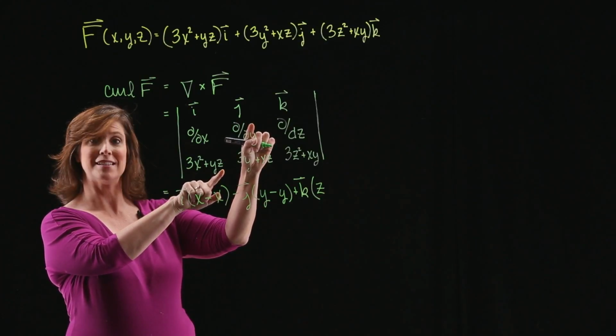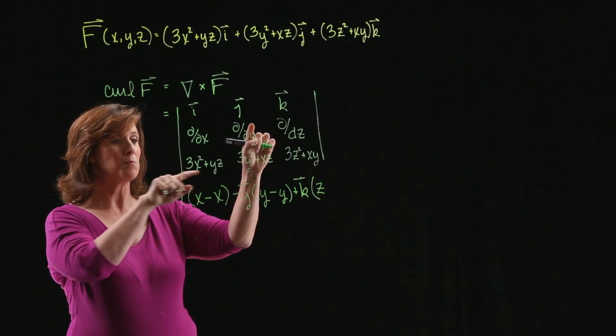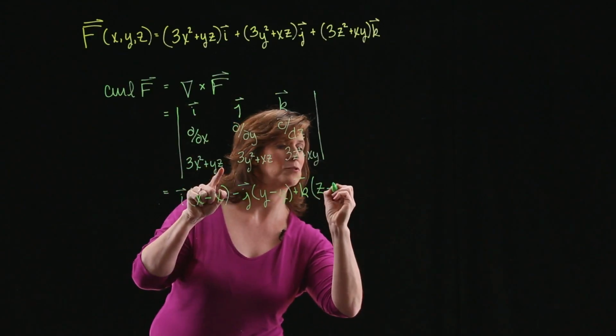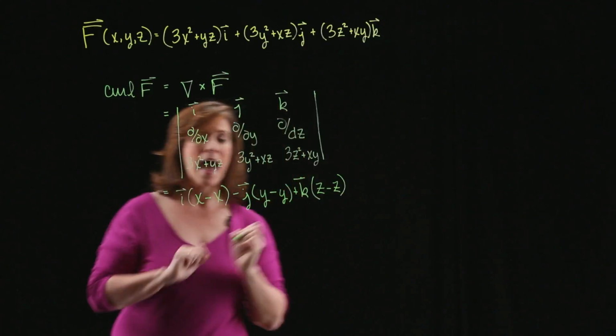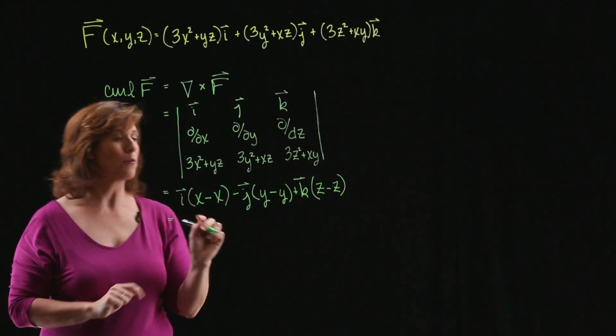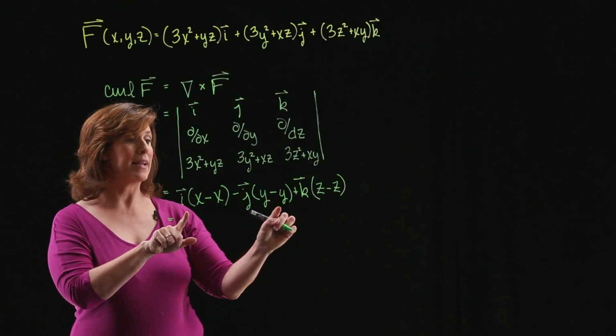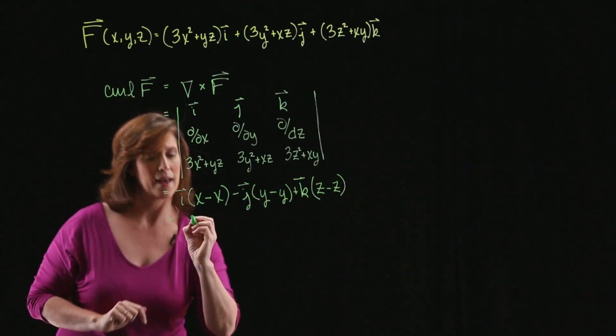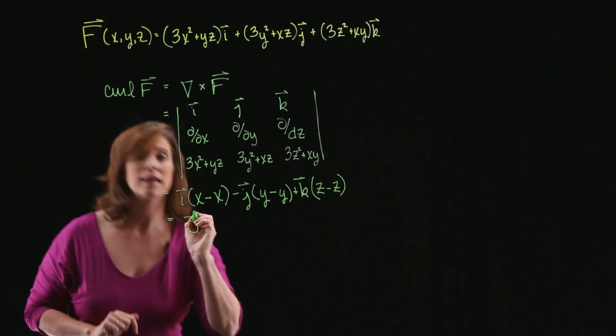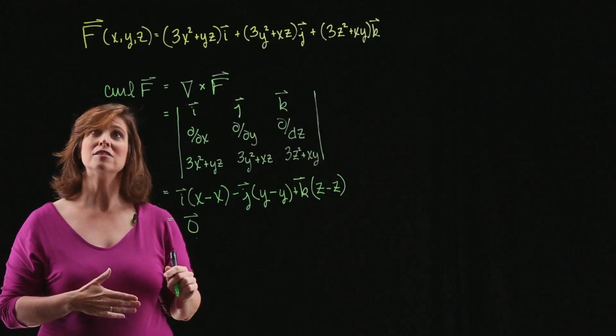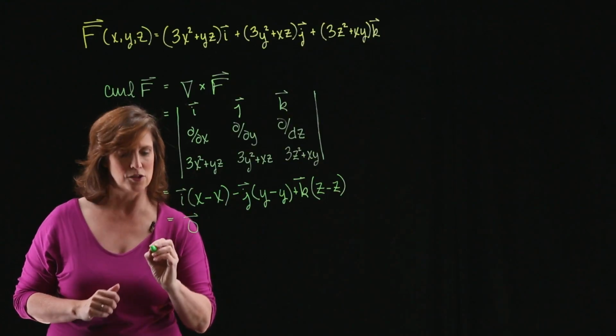Everything is treated as a constant except for the y, so this partial is going to be z. So I'll have subtract z. And notice what happens. I'm going to have 0i minus 0j plus 0k, which gives me the zero vector, which tells me that my vector field is conservative.